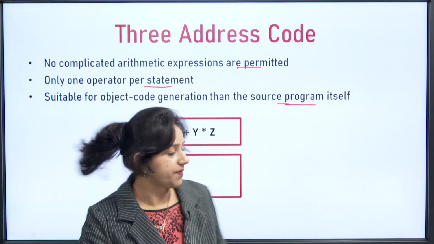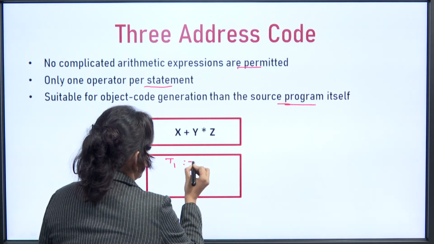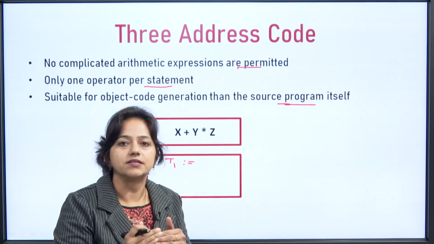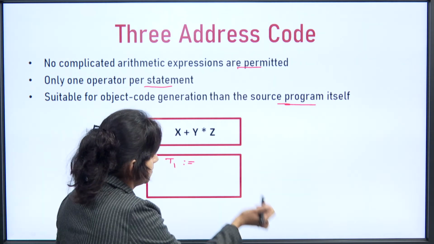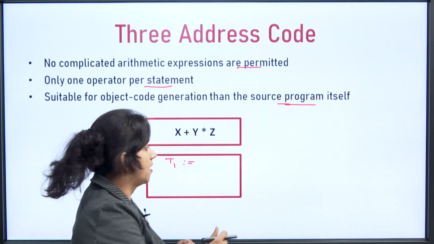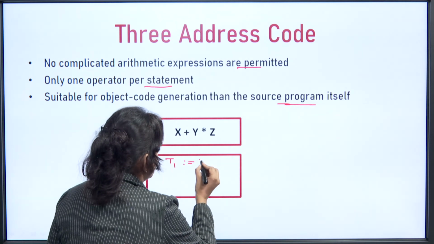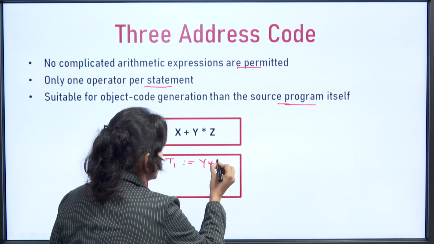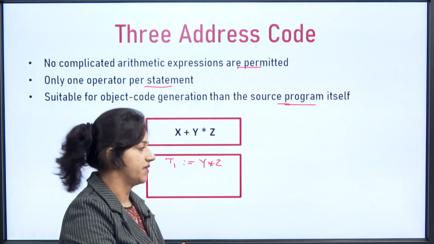Suppose I use a temporary variable T1 to store intermediate results. As per arithmetic rules, we should first perform the multiplication. So, T1 will be equal to y into z, the result of multiplication stored in T1.